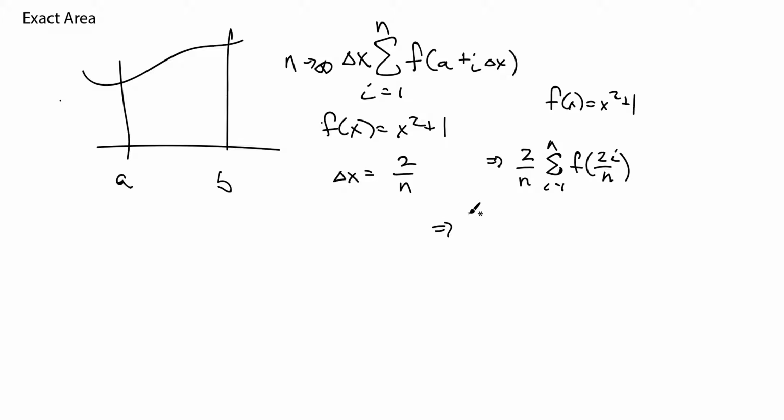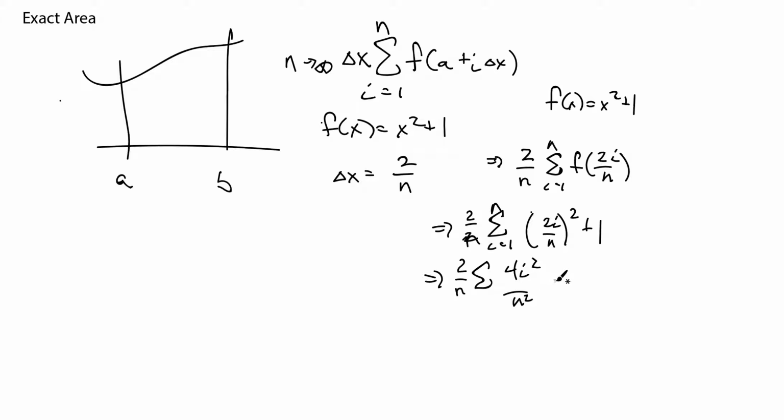When we do so, we get 2 over n, and we have the sum from 1 to n of 2i over n squared plus 1, which is 2 over n times the sum of 4i squared over n squared plus 1.